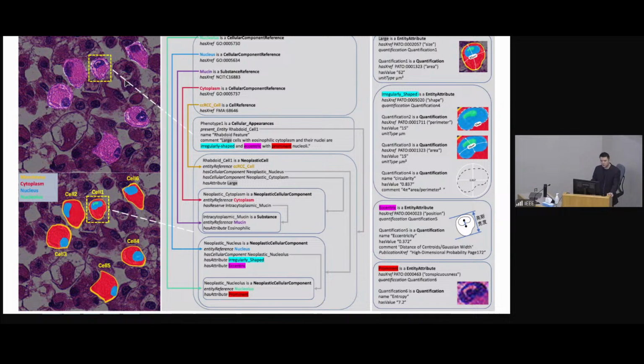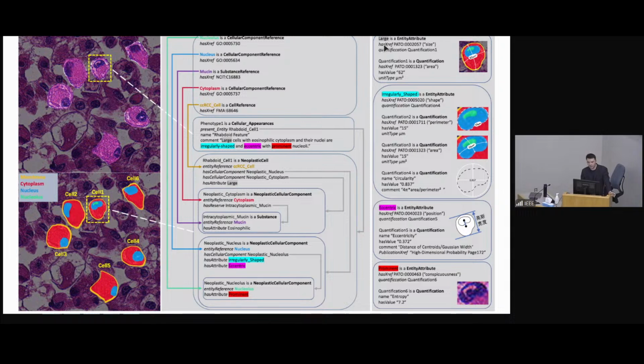So in order to describe this phenotype, we first create a pathologic entity named the rhabdoid cell, as well as several other instances referring to its components. And for each of the pathological features, such as large, irregular shape, eccentric, we create an instance of a pathological feature.